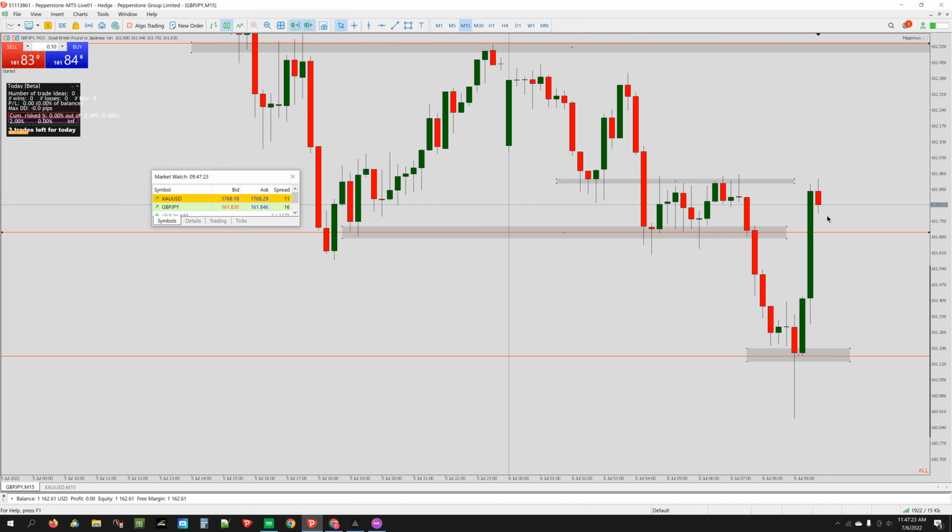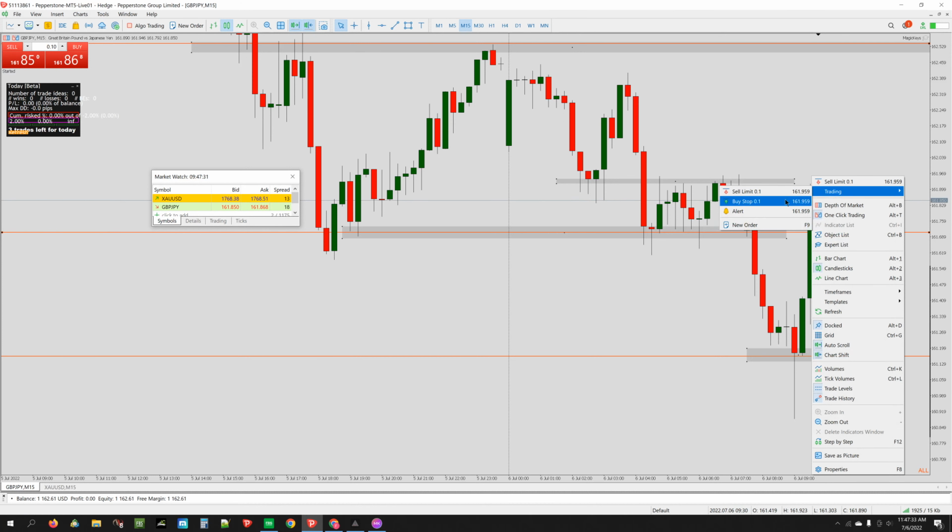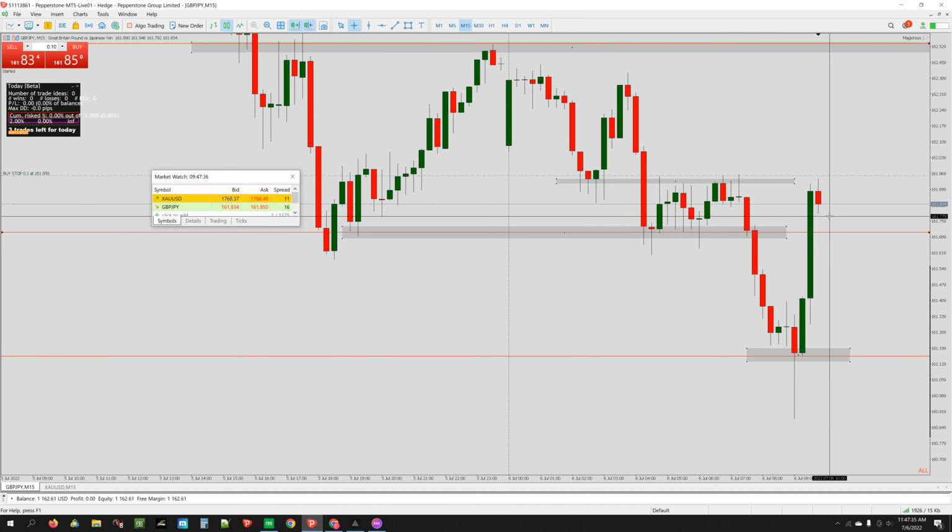If we enter right here, our stops will be around 15 pips. So that is a reasonable stop. I will place my buy stops, and this will be my stop loss, 17 pips, and that's it.